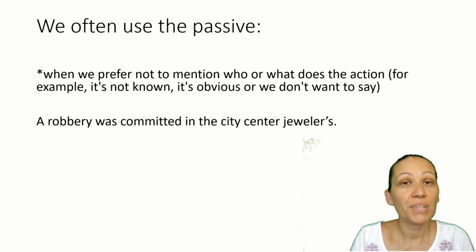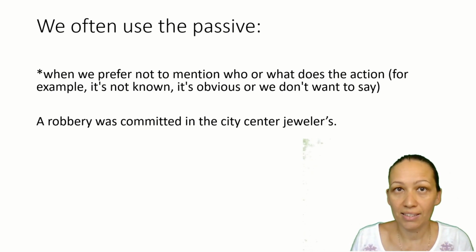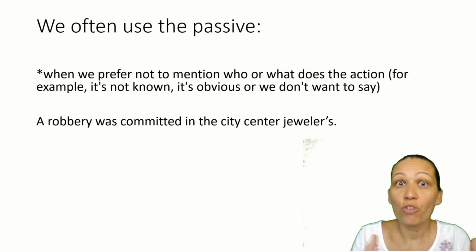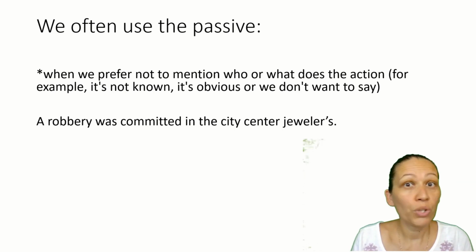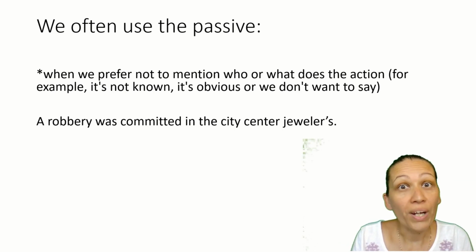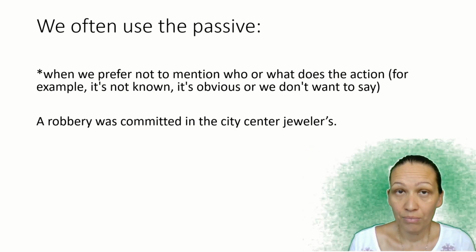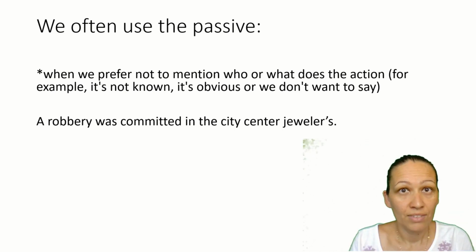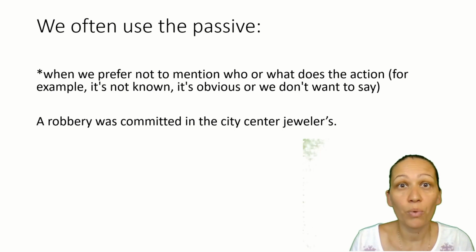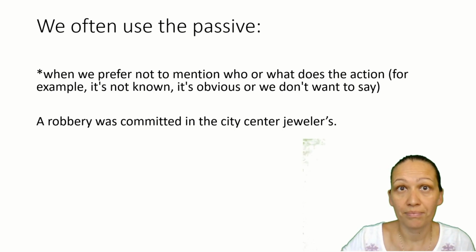A robbery was committed in the city center jewelers. So what happened? A robbery was committed. A crime was committed. But we don't know who did it. Or in case we do know who did it, we can't tell it because it's not confirmed yet. So it's quite common to see passive voice, especially in news.